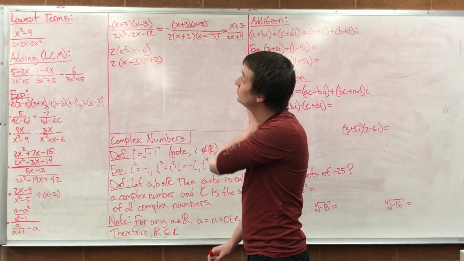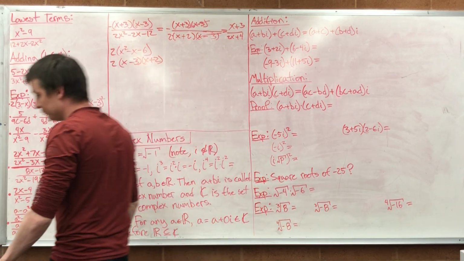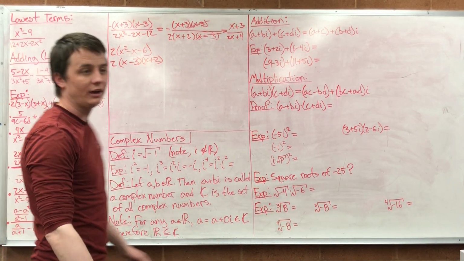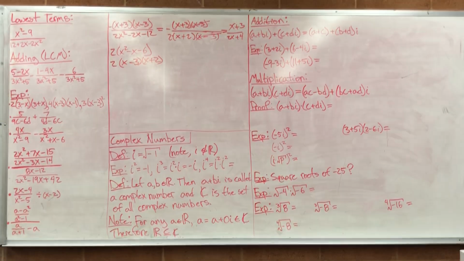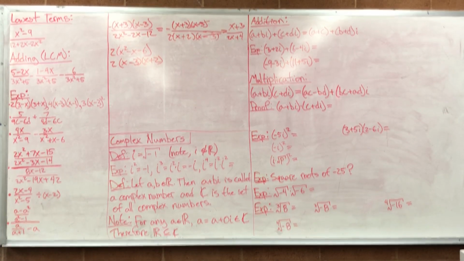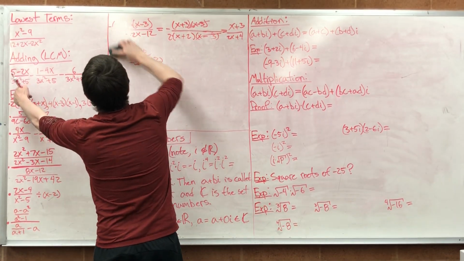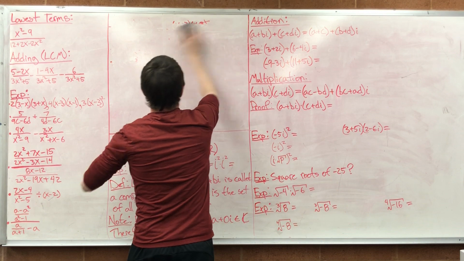Okay. So now when we add fractions together, we need all the fractions to have the same denominator, right? And we call it getting the common denominator for a bunch of fractions. So when our fractions have a common denominator like this, they're relatively straightforward to add.